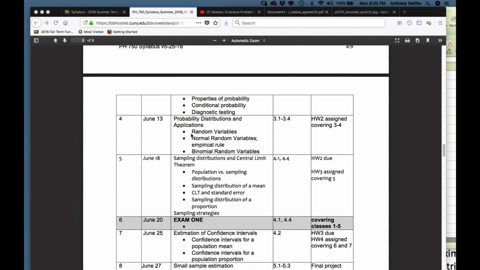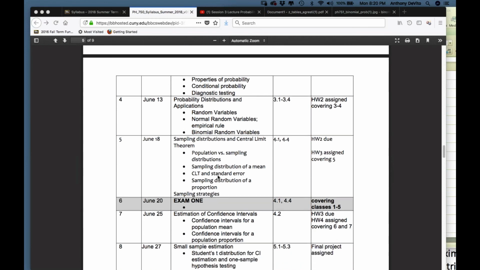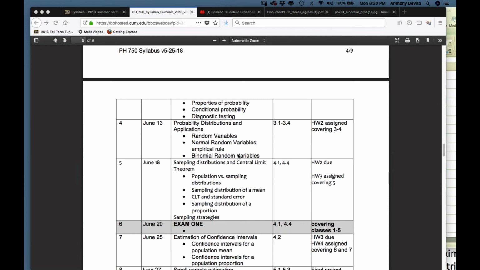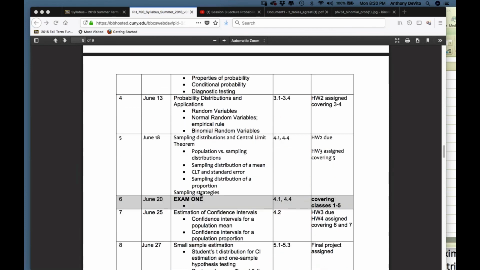We're actually a little ahead of where we would normally be. I'm glad we are, because that will give us maybe 1.5 sessions to look at sampling distributions, the central limit theorem, and something called confidence intervals. That'll give us a chance to really understand that a little better before you take that first exam.